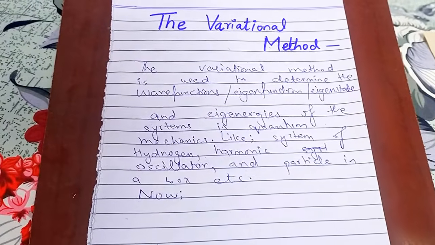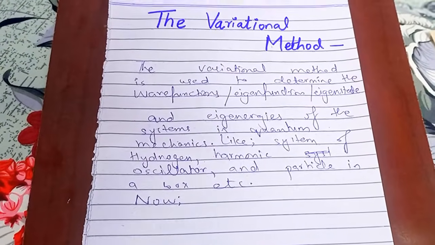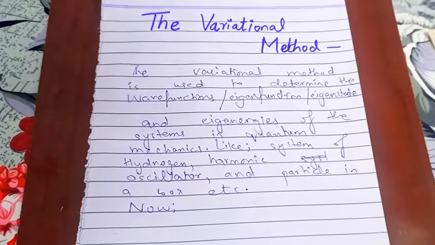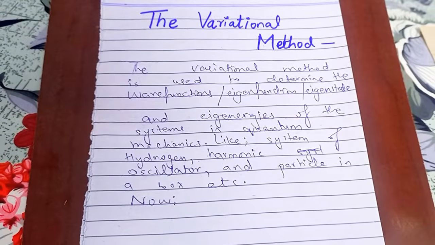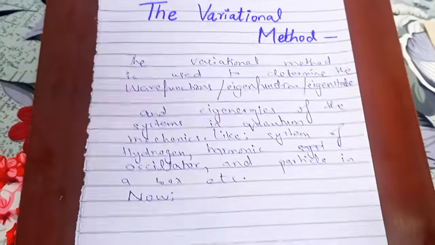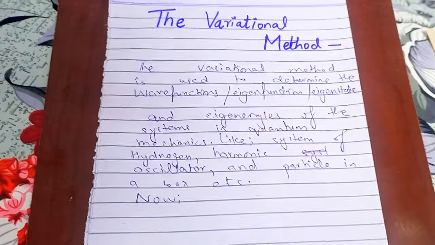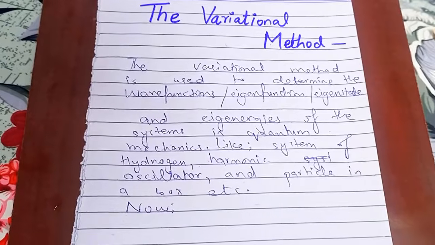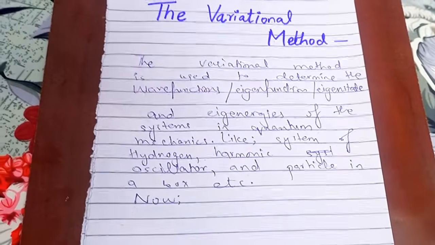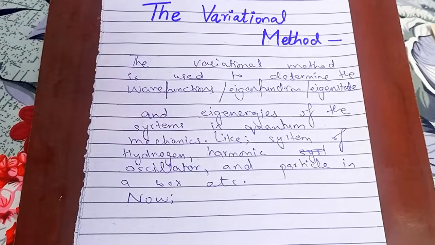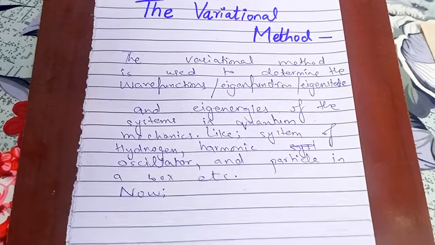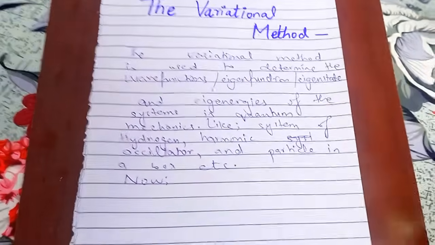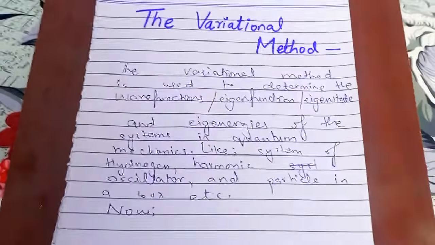It's one of the methods to find out the wave functions of the perturbed systems whose Hamiltonian can be compared to some related Hamiltonian whose solutions are already known. I hope you are understanding what I'm trying to say.